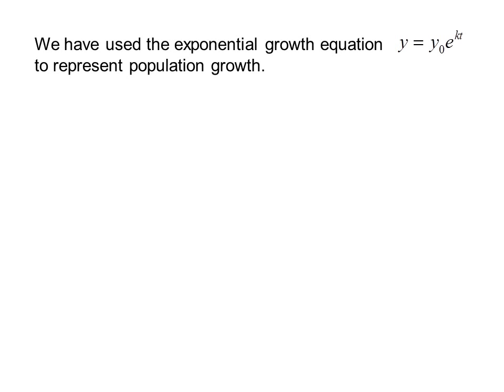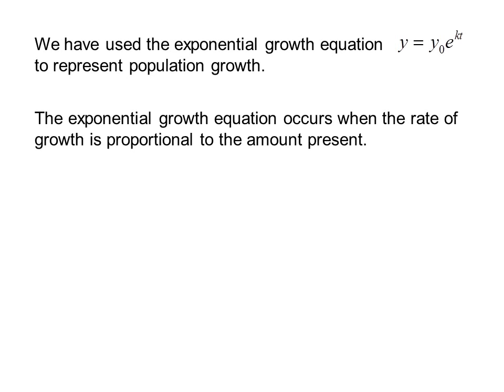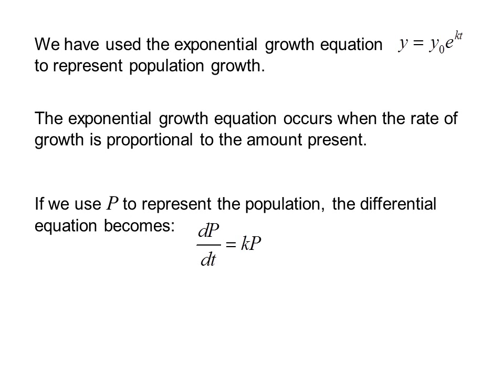We have used the exponential growth equation y equals y sub 0 e to the kt to represent population growth. The exponential growth equation occurs when the rate of growth is proportional to the amount present. If we use P to represent the population, then the differential equation becomes dP/dt equals kP.